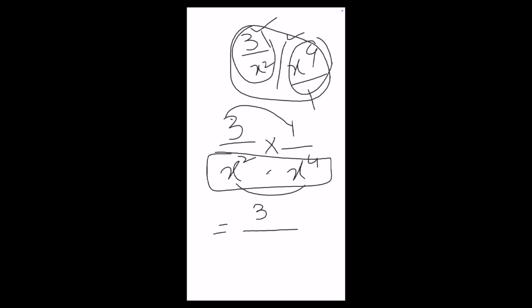So x multiplied with x and the exponents are going to be added. Yeah, so x is common. So what I'm going to write here? X raised to the power of 6. Very good, excellent, and that is your answer.